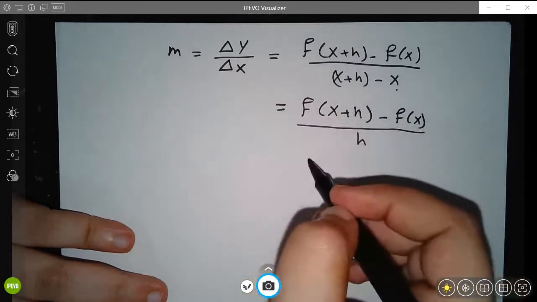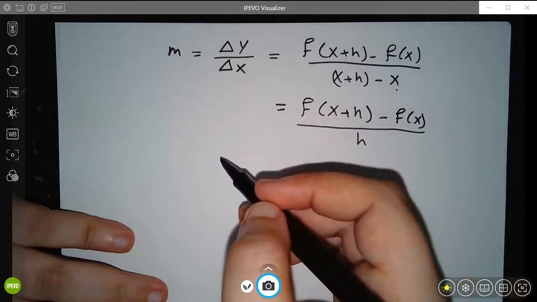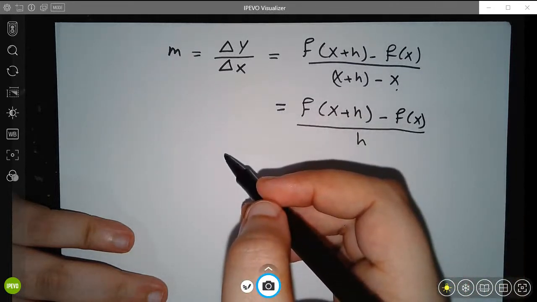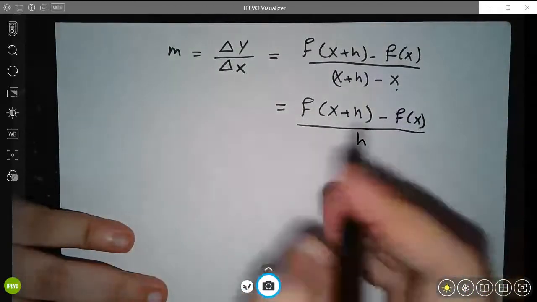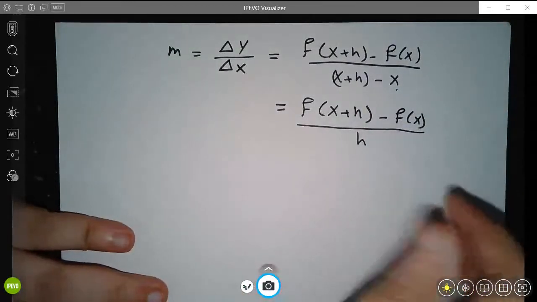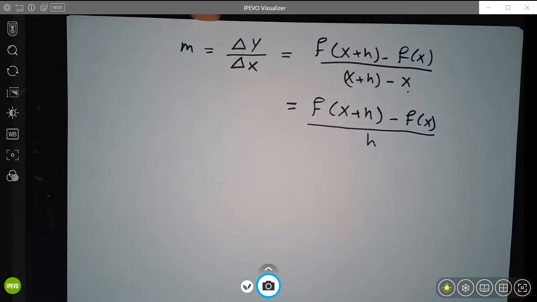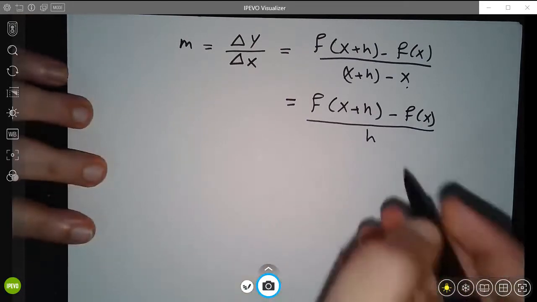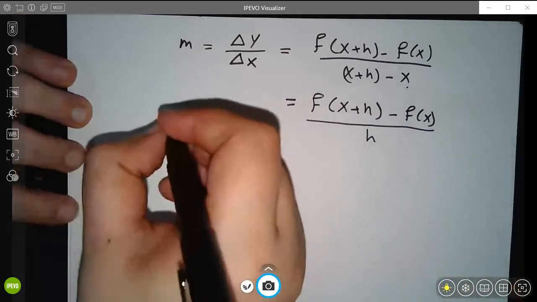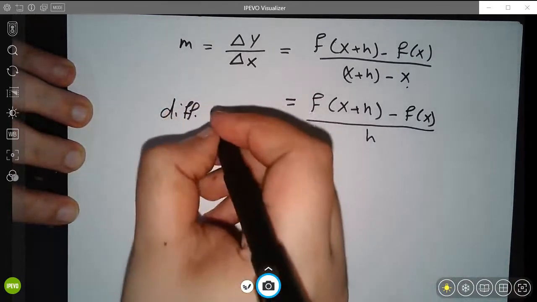Take the limit as h goes to 0, and this will be the derivative, or at least the intro to it anyway. Later on you'll find an easier way to take derivatives, but that's not for you guys. It's just a cool tip for the future. Anyway, this right here, like I said, is called the difference quotient.